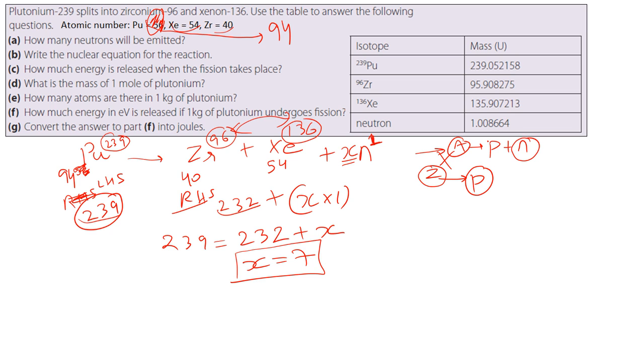And I think the D part is 239 grams. What is the mass of 1 mole? 239. Yes, that is correct.